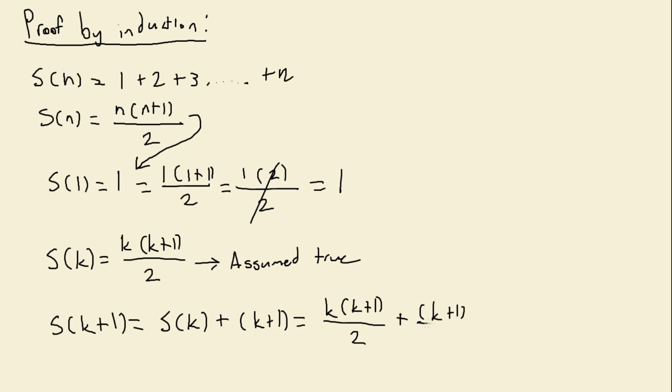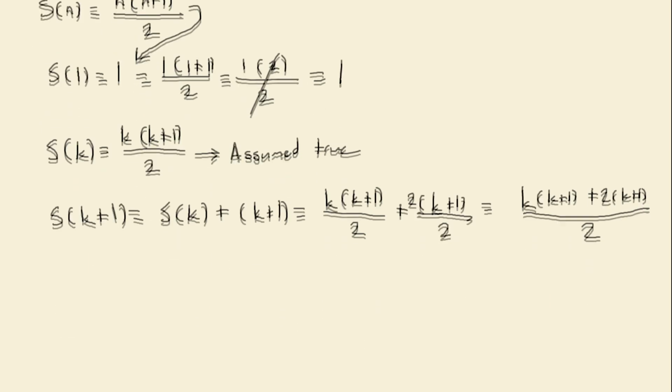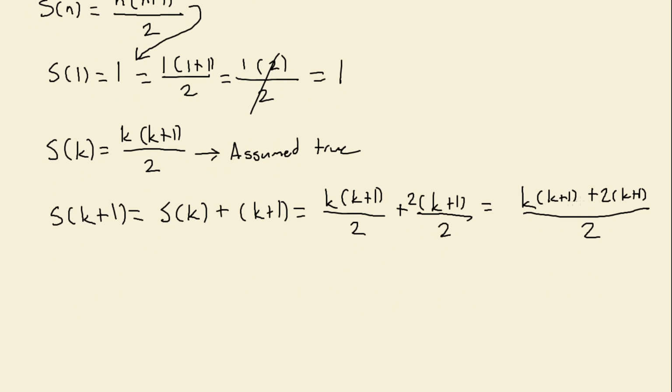And if we find a common denominator here, this is just 2 times k plus 1 over 2. So this is equal to k times k plus 1 plus 2 times k plus 1 divided by 2. And what we find here is that this is equal to k plus 1 times k plus 2, the k and the 2 here, divided by 2.